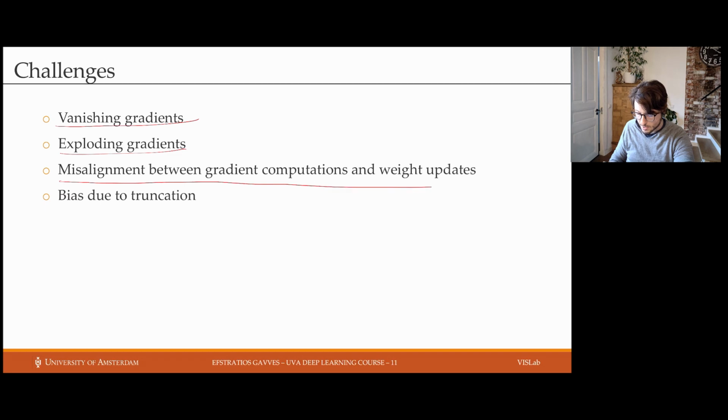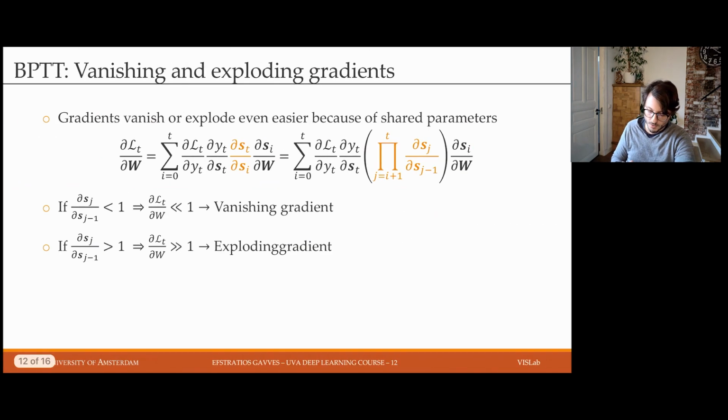Also, there is a misalignment between the gradient computations and the weight updates because of the whole recurrence situation. And another challenge, at least in theory, is that we introduce bias due to truncation.